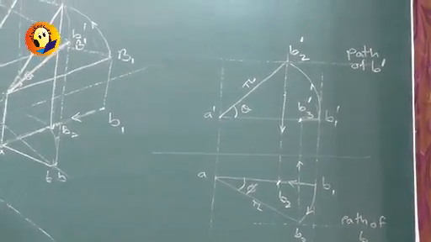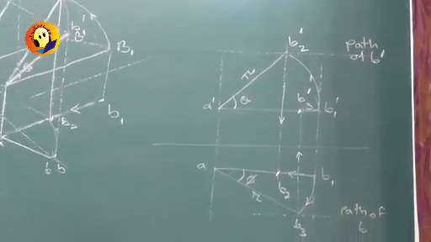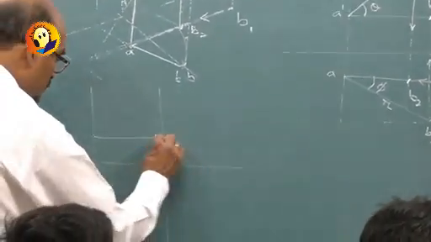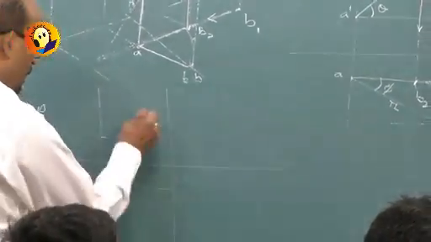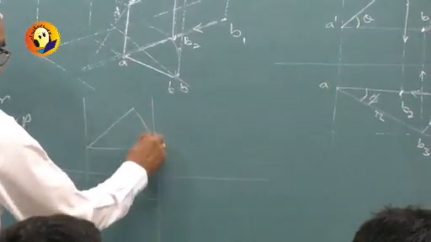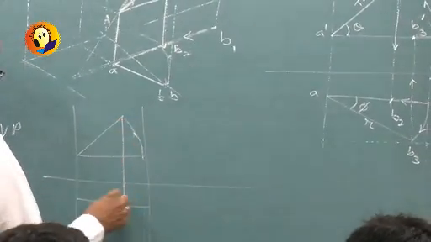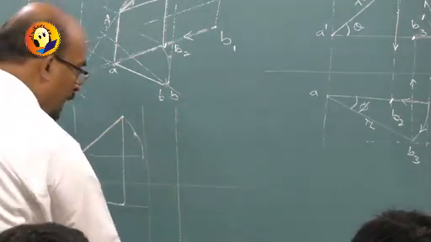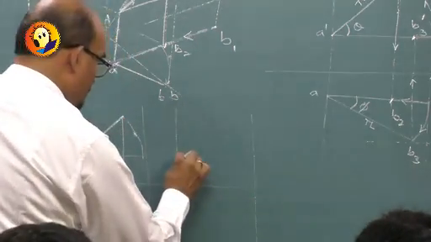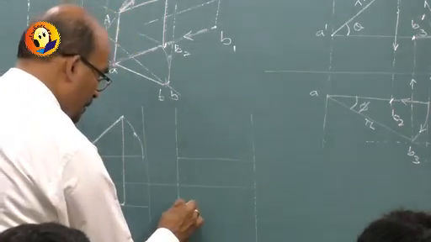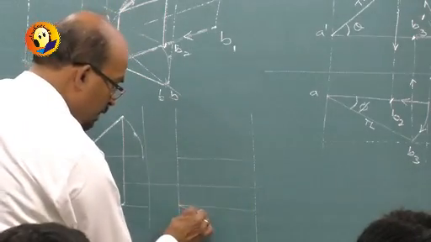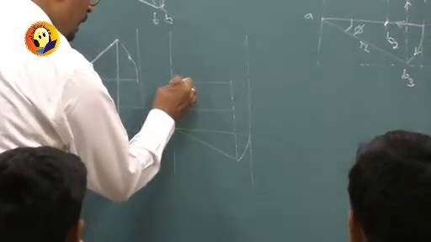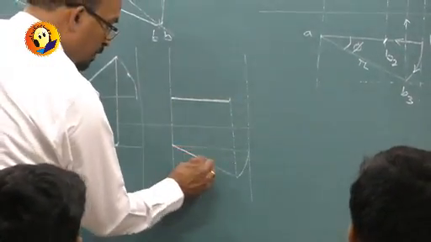Actually, you will find that these are solved in this way. Initially it is parallel. It makes theta with HP. One problem is done. Then again the second part. It is making phi with VP. These are our yesterday's problems.